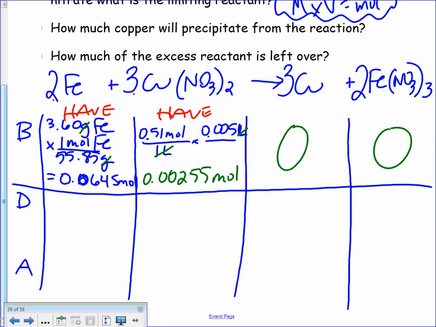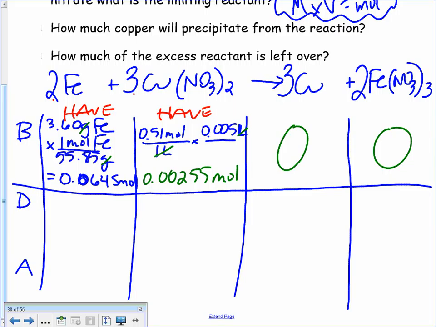So what you just put in your calculator was this. And this is the part I'm always worried about, if you understand the meaning behind it. What you just did was 0.0645 moles of iron, and you multiplied it by 3/2. Well, what's the 3 referring to? Moles of what? Copper 2 nitrate, right. And that 2 is referring to moles of iron.